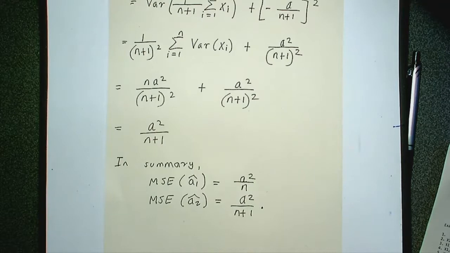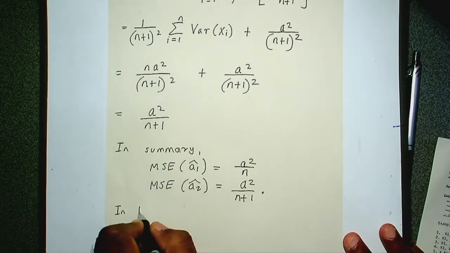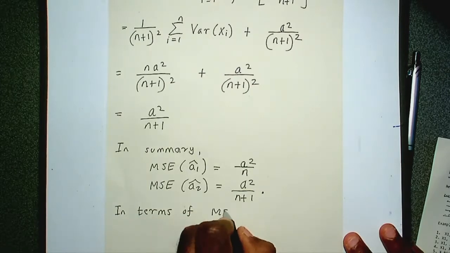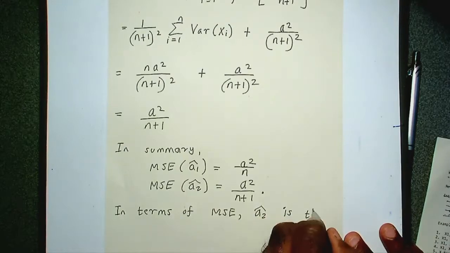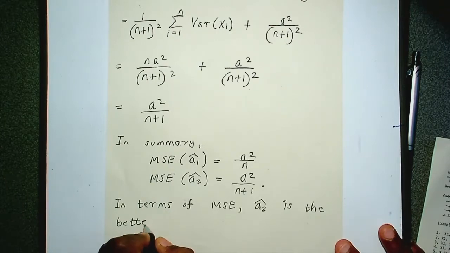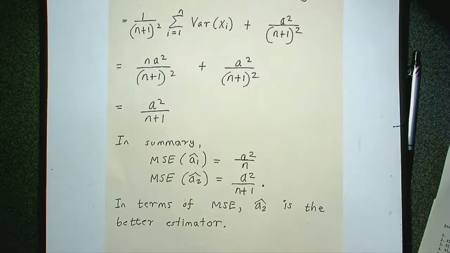Remember, you prefer the estimator that has the smaller MSE, which is the second. Right, so the answer you will give is in terms of MSE. Right, in terms of MSE, A2 hat is the better estimator, right?